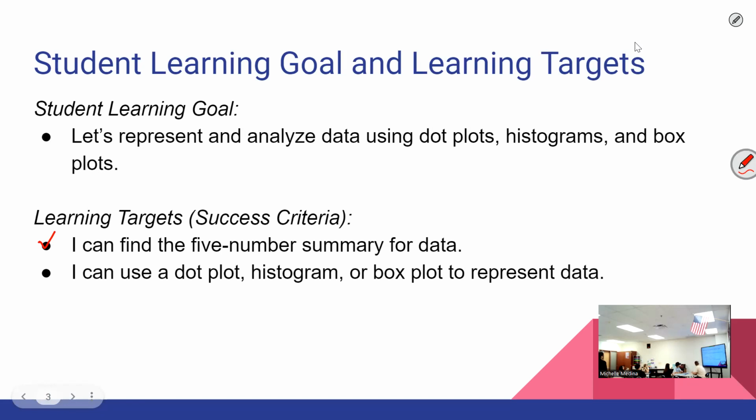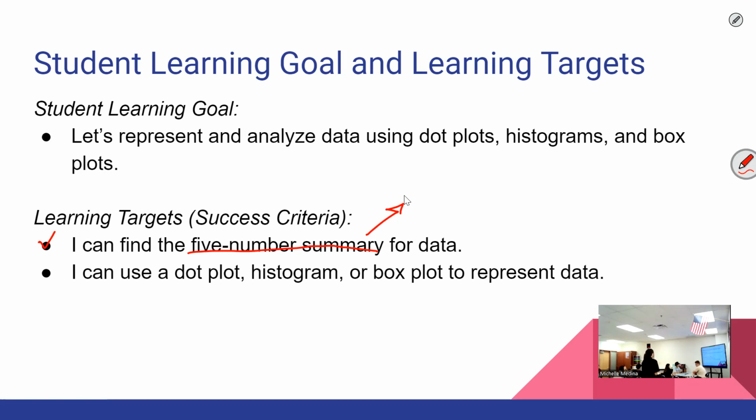So table 3, can you tell me something about the 5-number summary? Anything about it? What it is, what it's used for. What it includes.